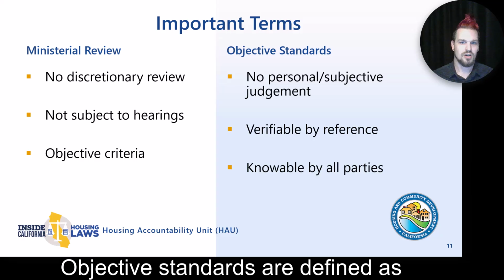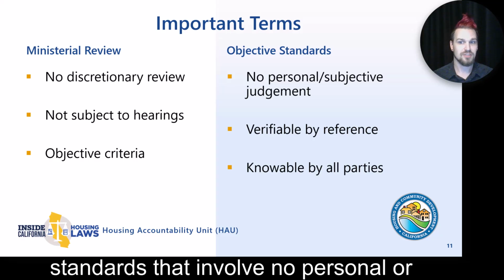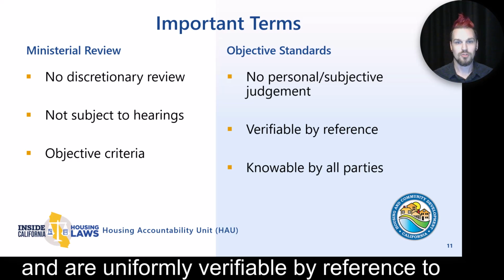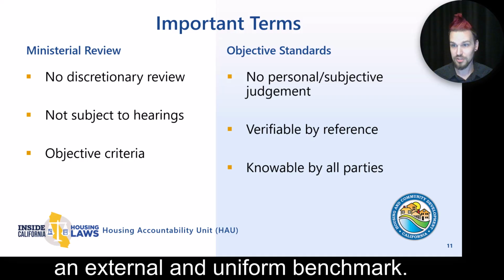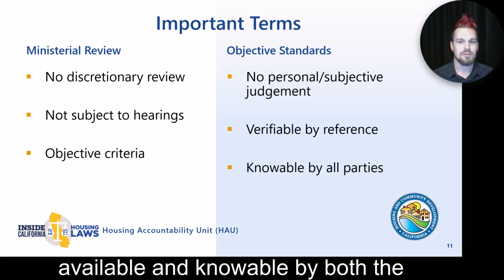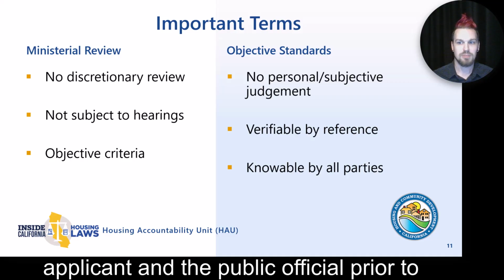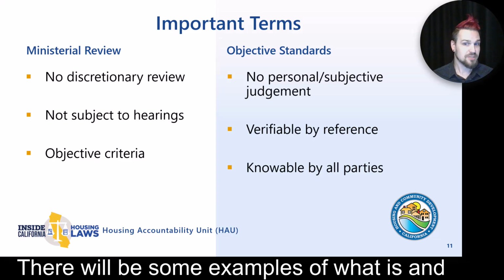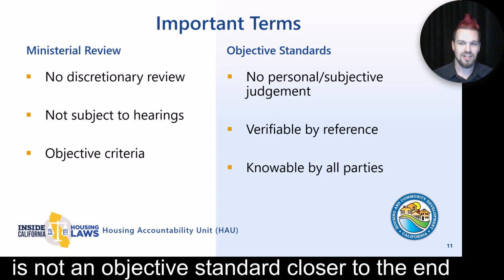Objective standards are defined as standards that involve no personal or subjective judgment by a public official and are uniformly verifiable by reference to an external and uniform benchmark. Objective standards are also required to be available and knowable by both the applicant and the public official prior to submittal. There will be some examples of what is and is not an objective standard closer to the end of this video.